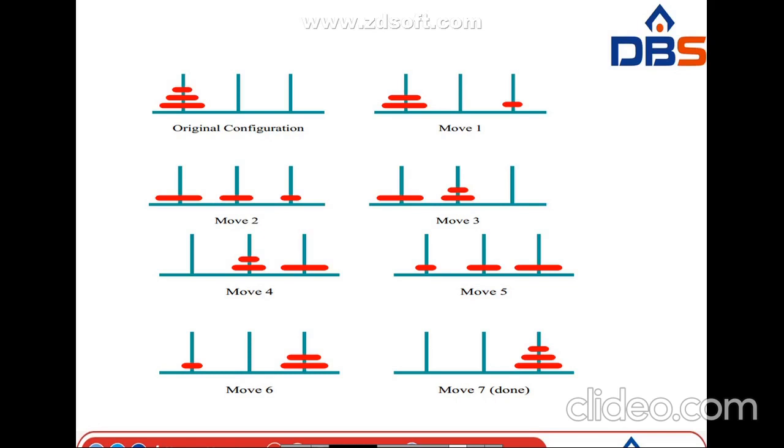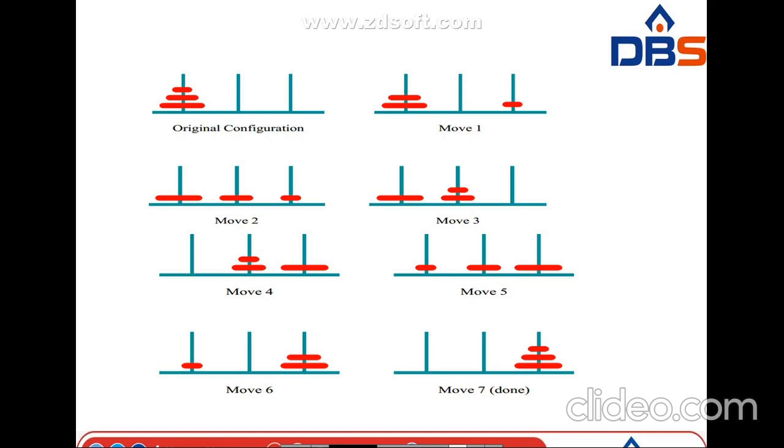Then again in the fourth move I should move the large disc from source to destination. Why? Because in the destination tower there is no disc. Then what happens in the fifth move?